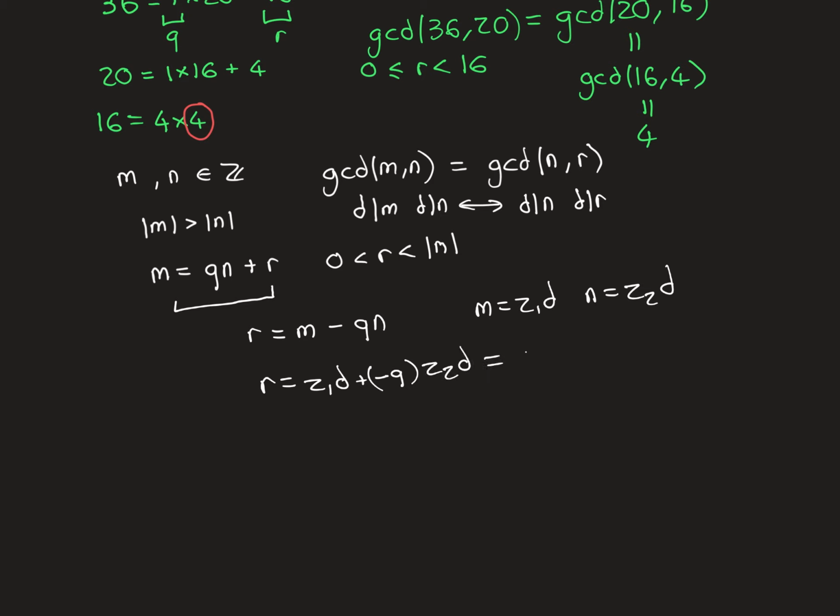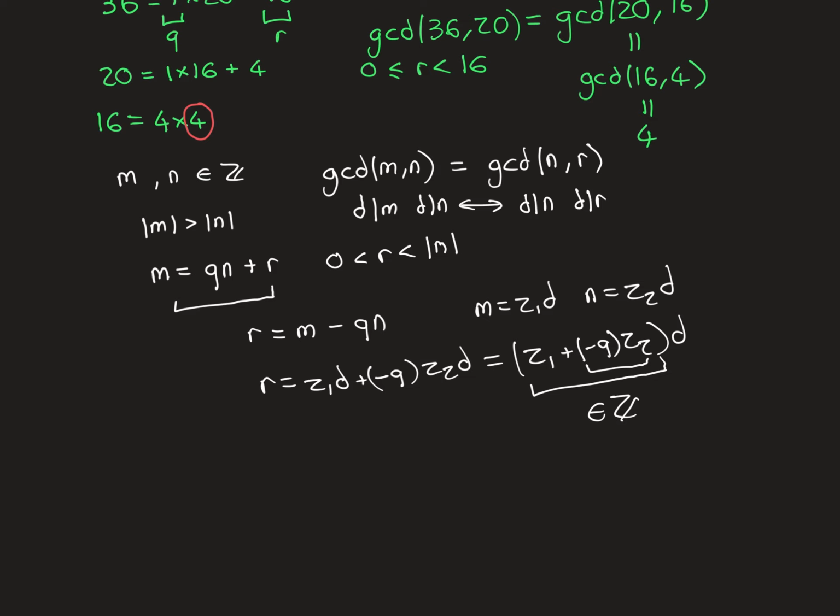Just factor out the d now, and you've got z1 plus minus q times z2, all multiplied by d. q is an integer, negative q is an integer, negative q times z2, z2 is an integer, so that will be an integer, and then we're just adding it to another integer, so this is all going to be an integer, so you've just got some integer times d. That's the exact definition of d dividing r. So from these two, I've clearly got this, so I've done the forward direction.